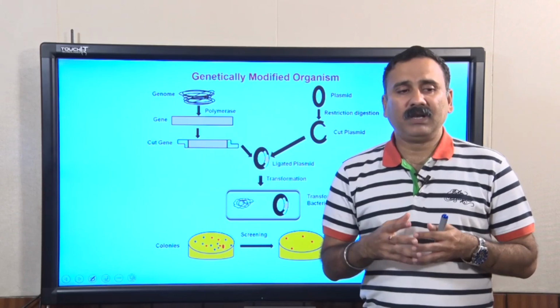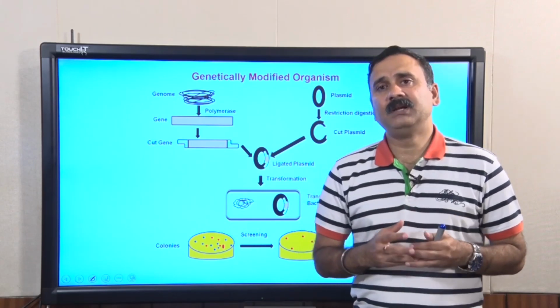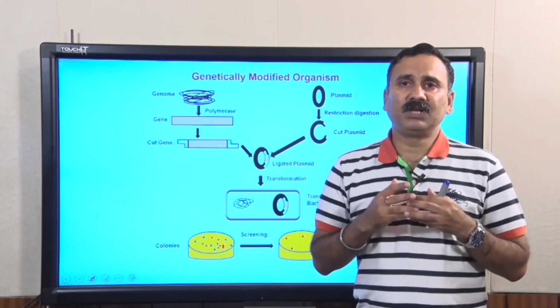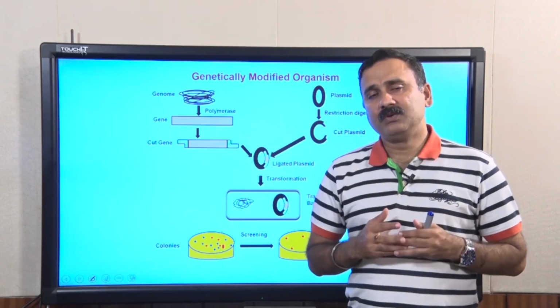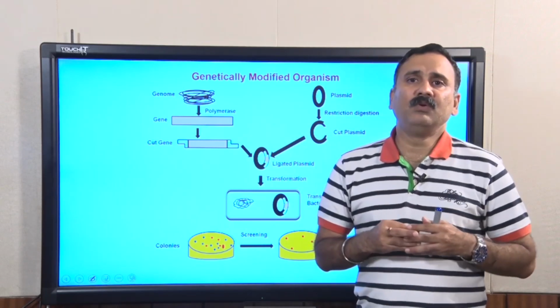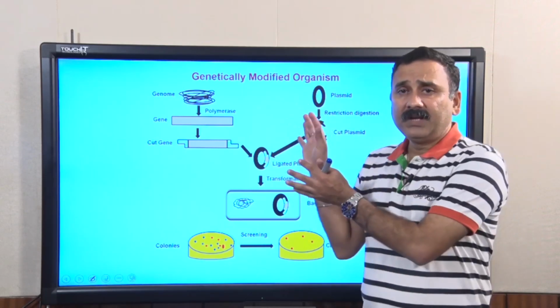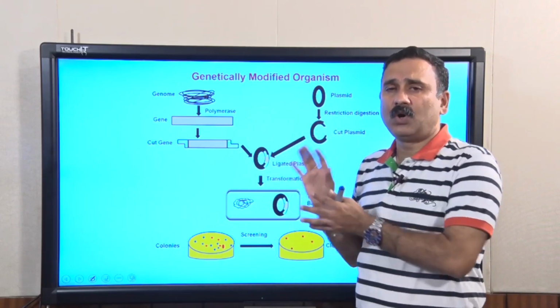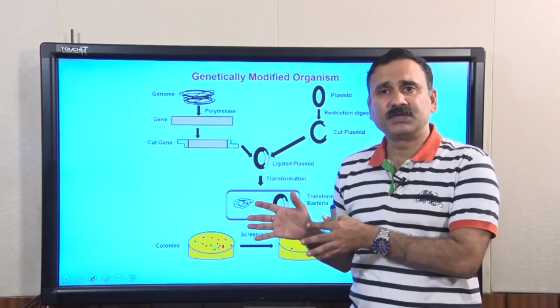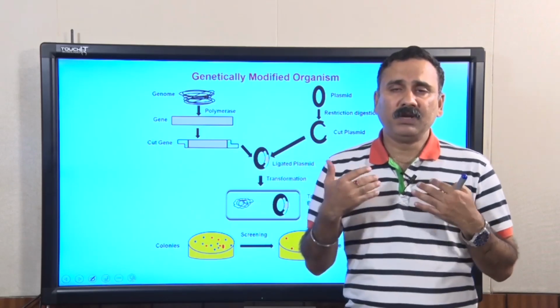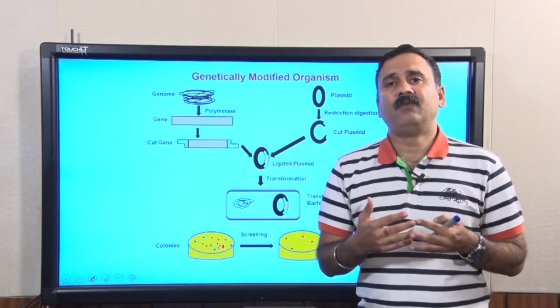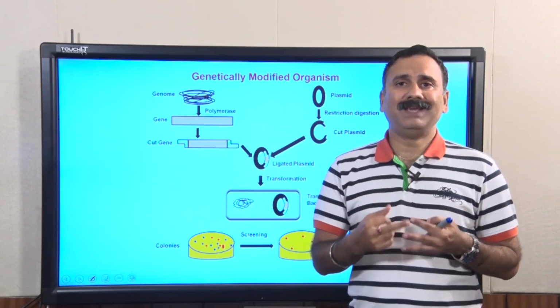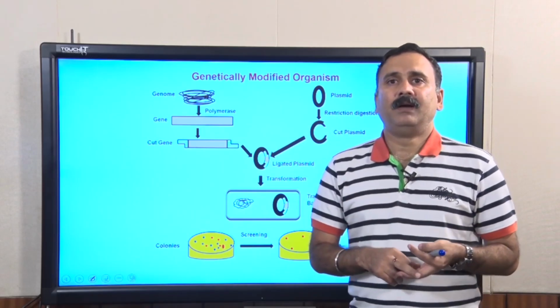So, with this we would like to conclude our lecture here. In the subsequent lectures, we are going to discuss how to exploit these transformed host colonies, or transformed host, to produce proteins for downstream biotechnology applications.